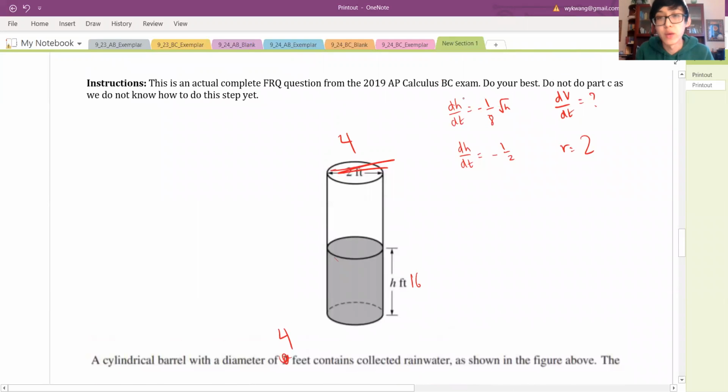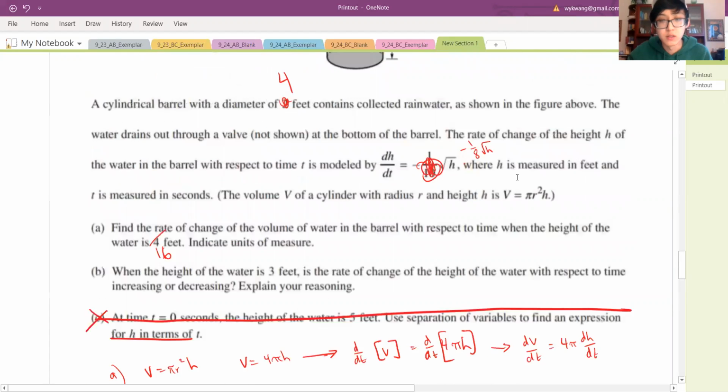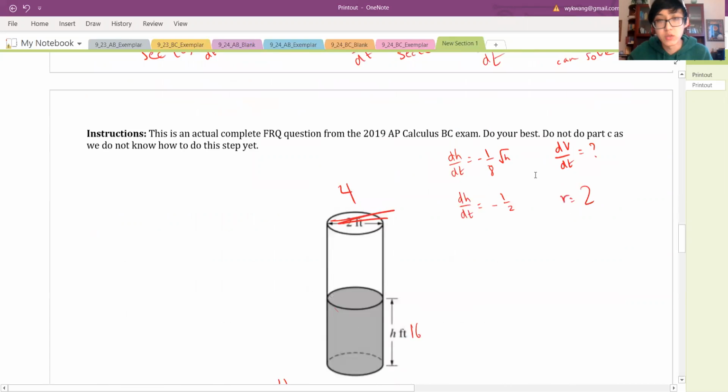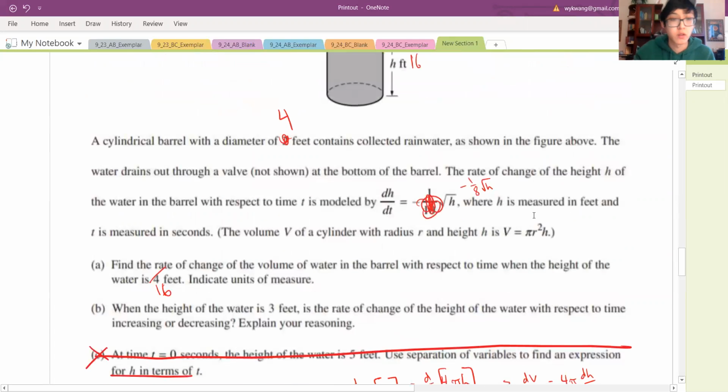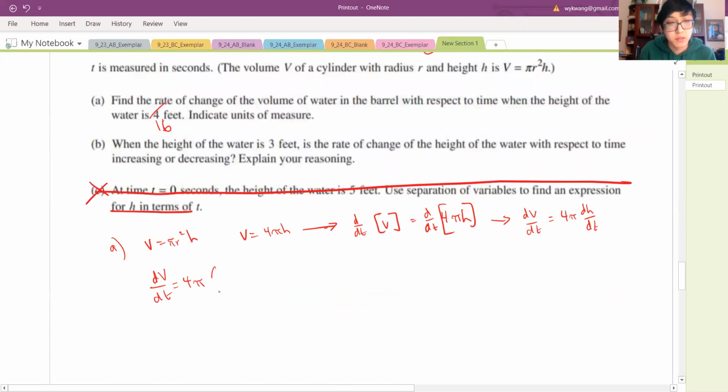Notice that we have an equation for dh over dt. Maybe we don't actually know it yet, but we do know dh over dt because we know h. So we can just plug h in and we got negative 1/2. So 4 pi times negative 1/2 is equal to negative 2 pi.